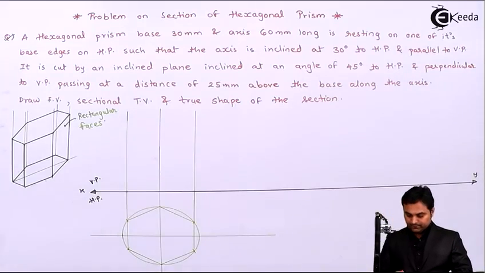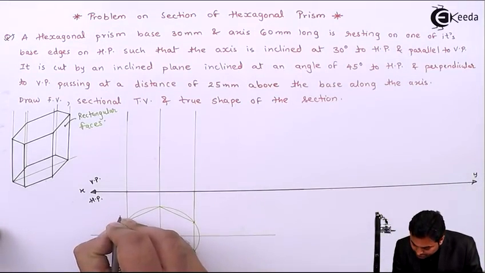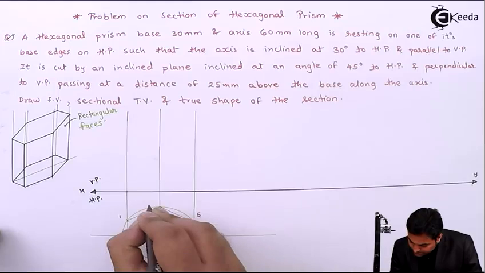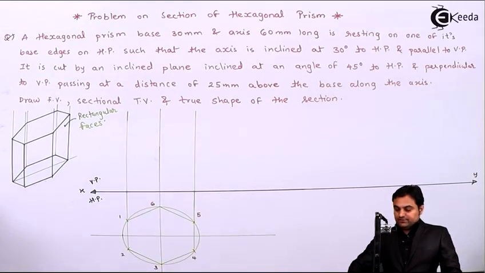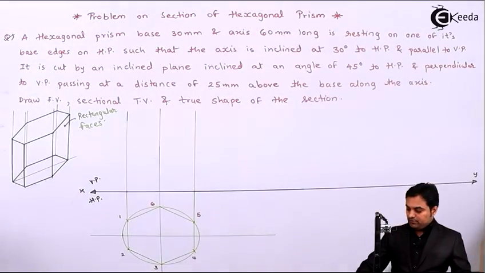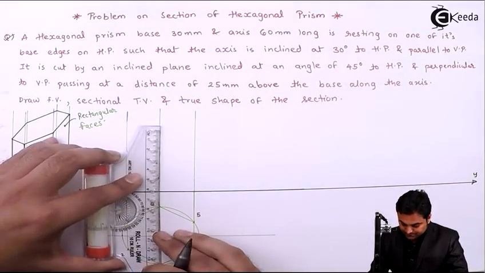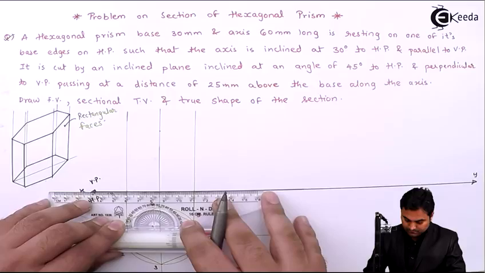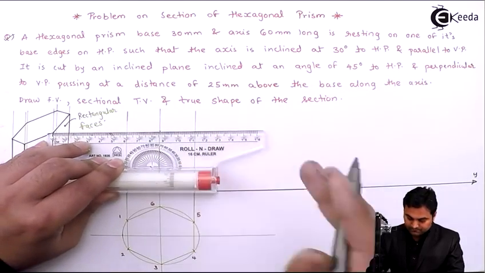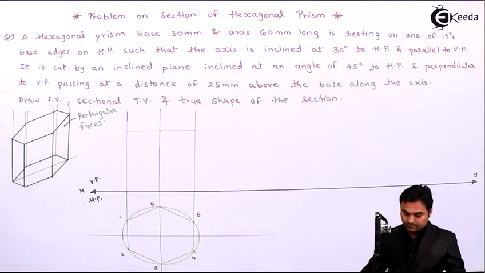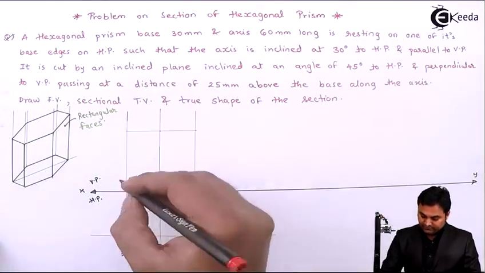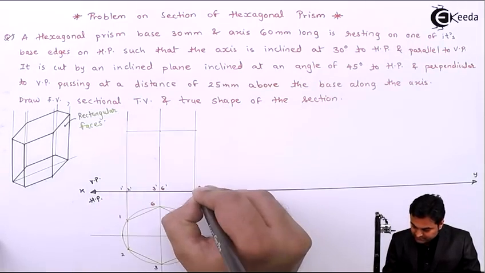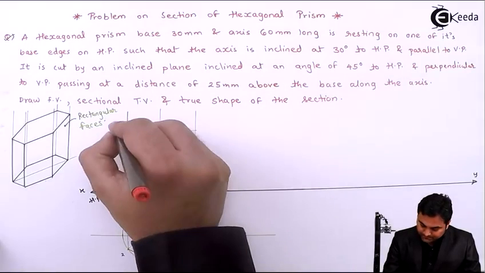So giving it the notations. Next, the height is 60 mm of this prism. In the front view, this will be 1 dash, 2 dash, 3 dash, 6 dash and 4 dash, 5 dash.